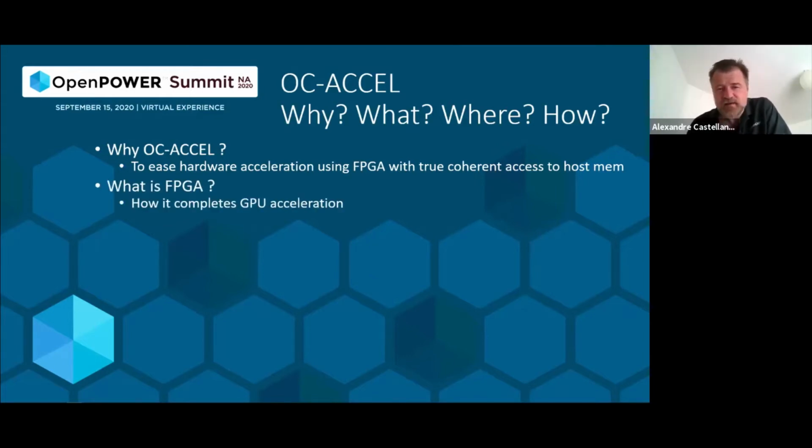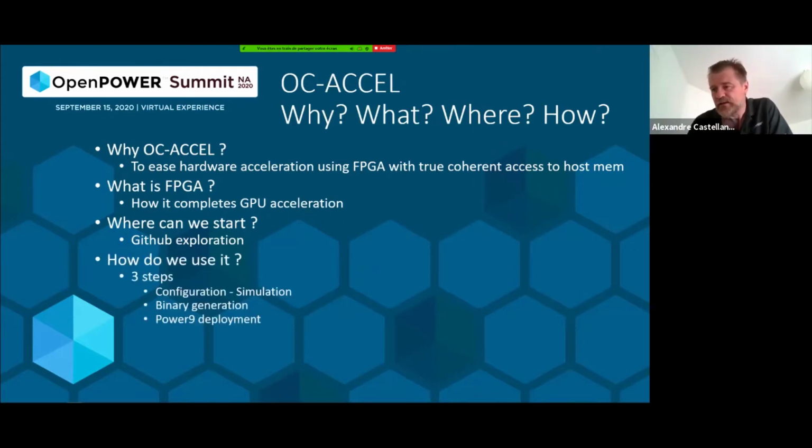What is an FPGA? We'll see how it can complement and not compete with GPU acceleration. Where can we start? We'll see a brief introduction of the GitHub structure and how to use it. And in 3 steps, we'll see how we can simulate, generate a configuration and deploy on a Power 9 system.